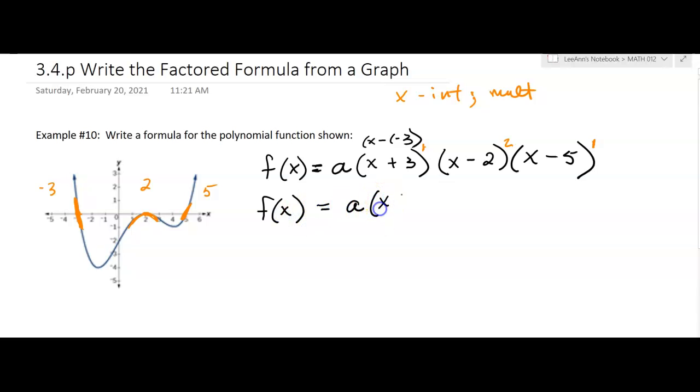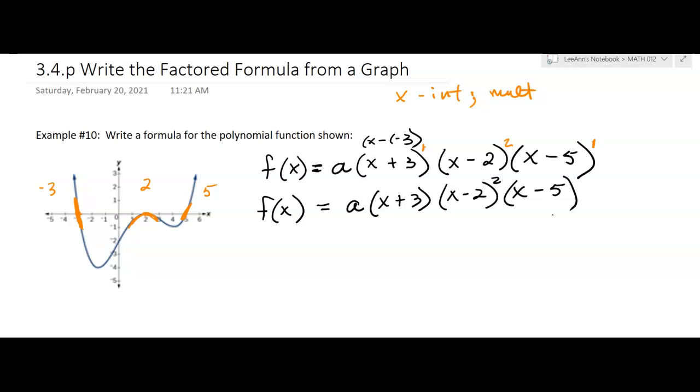I still don't know what a is, but we're going to talk about that. And I'm not interested in multiplying out those binomials. I could do it. It would just take me quite a bit of time to do it, but we're not interested in that. We can just leave it in the factored form.